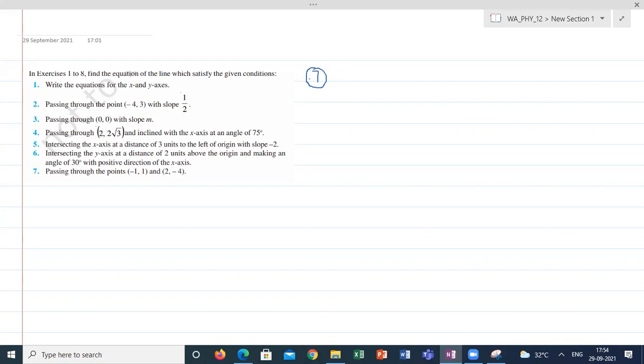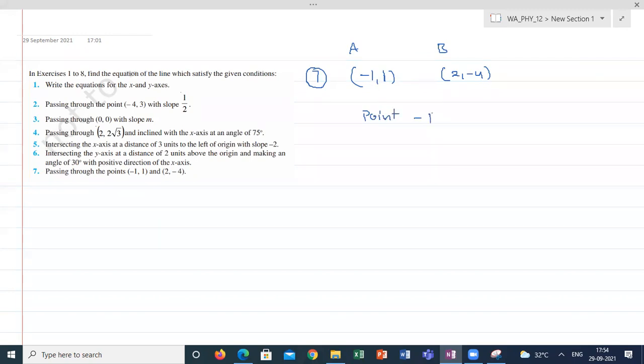So find the equation of a line passing through the points minus 1, 1 and 2, minus 4. So they gave point A, point B, and are asking for the equation of a line. What is the point and point form?